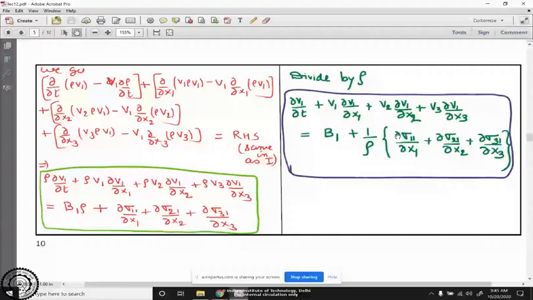Otherwise, it doesn't make any difference. The equation remains the same. Divide throughout by rho, and this is the form of the equation we finally get. So this is the statement of Newton's second law in one direction for fluid mechanics when your description is Eulerian.